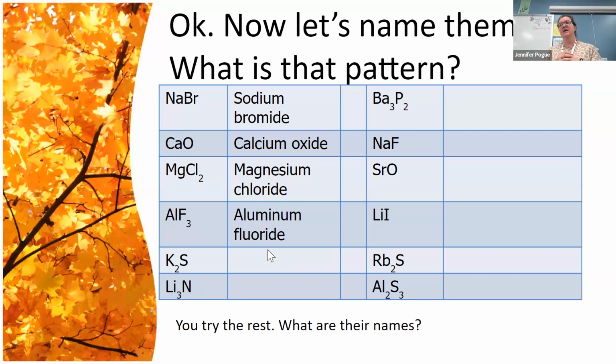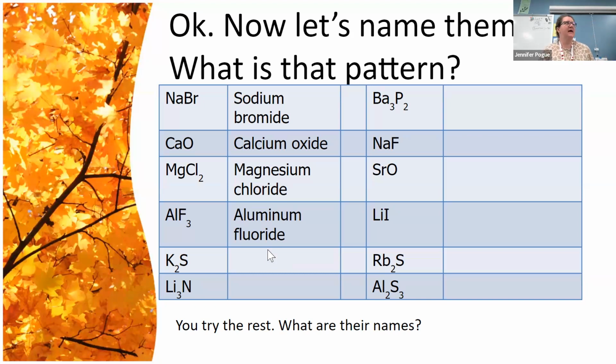The ending for the non-metal is some sort of I. So the ending for the non-metal is IDE. And we're looking at binary compounds. So we retain the root of the non-metal and add the suffix IDE.